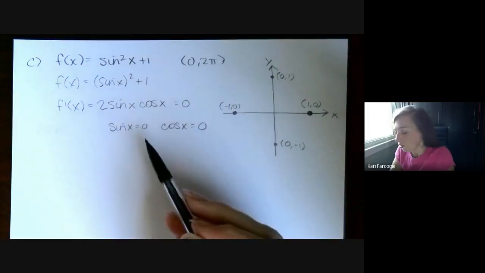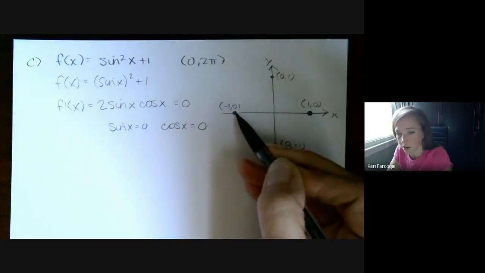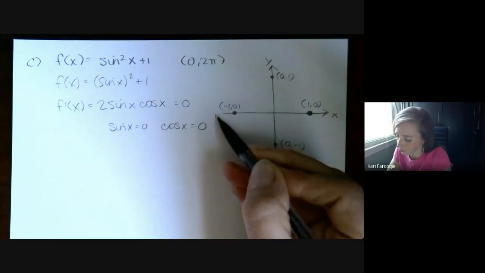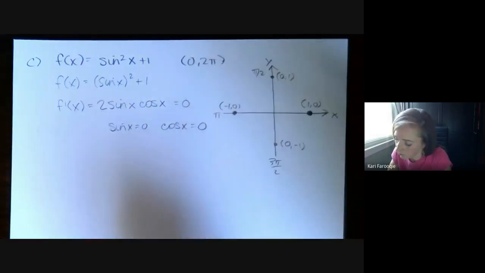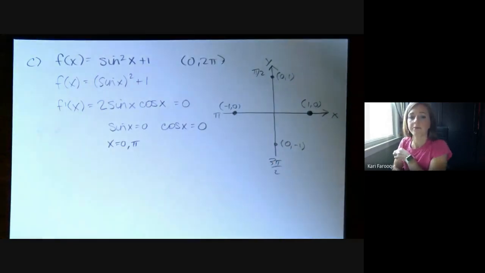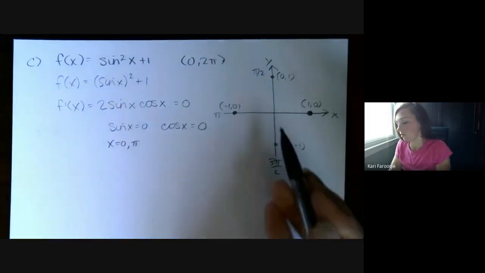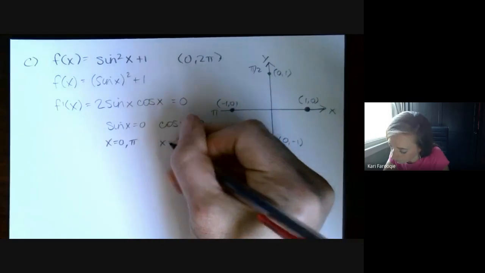If the y coordinate represents sine, well, your y coordinate is going to be 0 over here when we're talking about the angle 0, and then also over here at pi. So we have x equals 0 and x equals pi. The cosine of x is going to be 0 anytime we're on these north and south poles. So pi over 2 and 3 pi over 2.